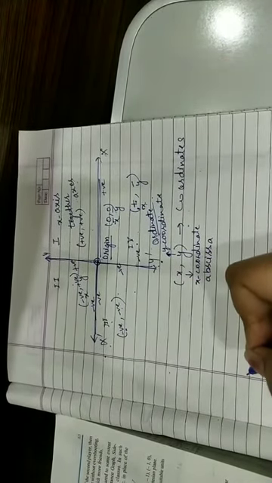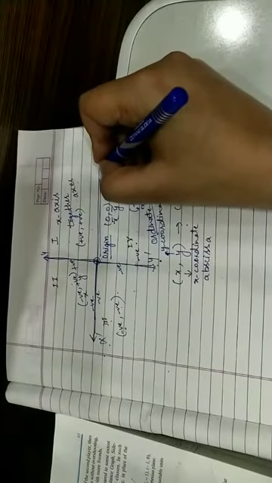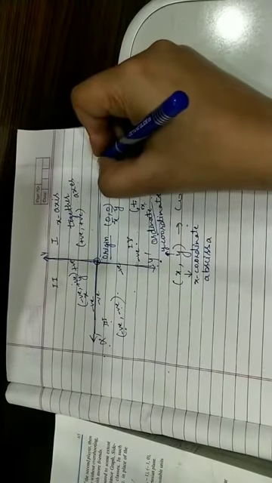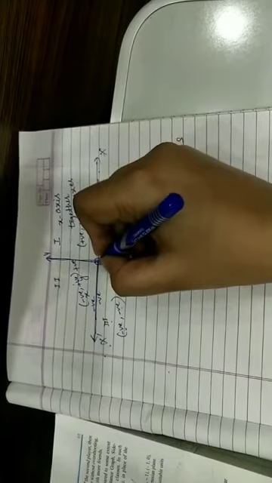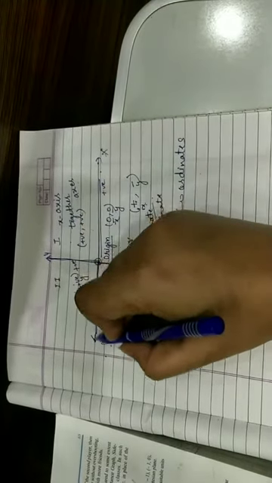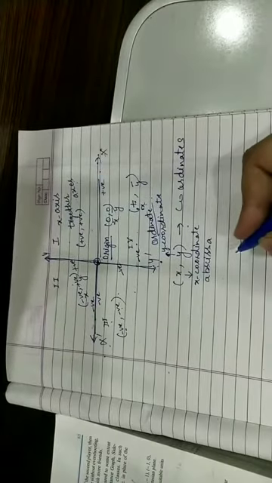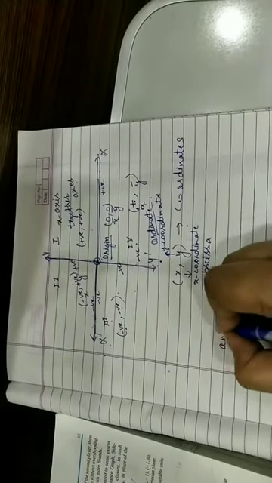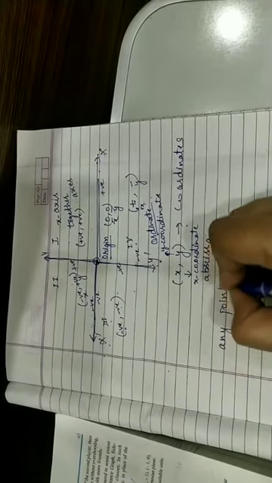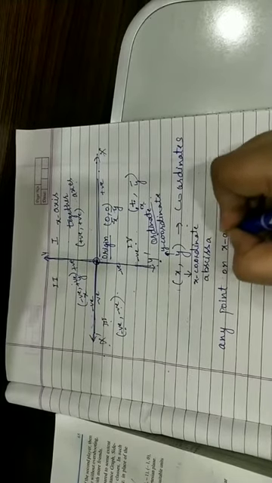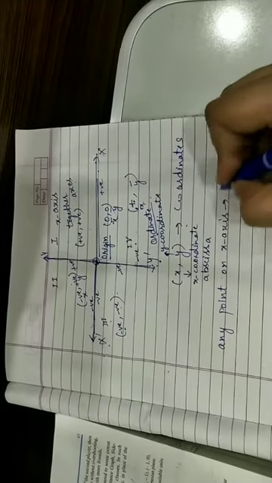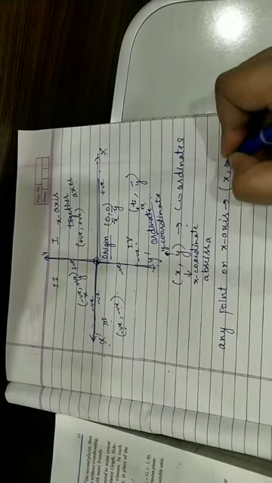Then one more thing, any point which lies on the x-axis will have y coordinate 0. Any point on the x-axis will be like this, x, 0.